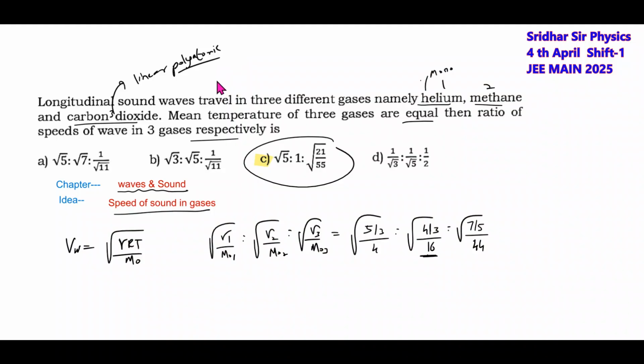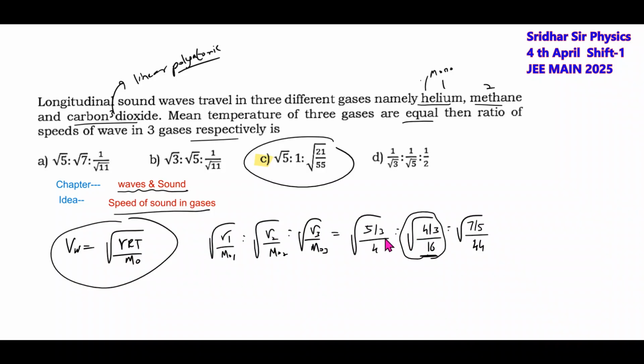Though it's a polyatomic, its degrees of freedom will be 5 only. Therefore the gamma will be 7 by 5. This is a basic idea. There's a formula you should know. A little bit regarding methane is the information that is needed.